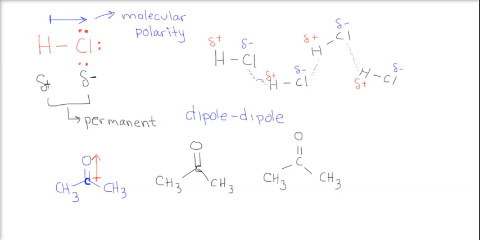Okay, and so our oxygens are going to be partially negative, and the carbons that they are attached to are going to be partially positive. And so just like with HCl, the attraction between the positive part of one molecule and the negative part of the other is going to show the attraction between those two parts of the molecules.